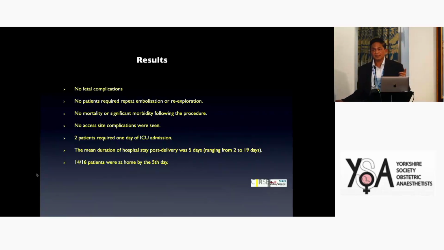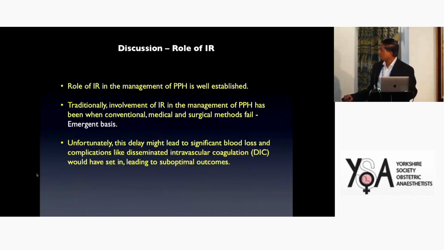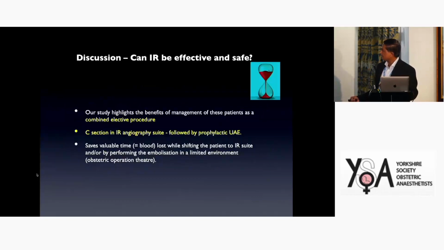When I speak to my friends in St. George's, what they tend to do is send the patient back with sheaths in the femoral artery to the unit, just in case they need a repeat embolization. That can cause femoral artery complications. Two patients required a day of stay in ICU. So once again, as you said in your conclusion, on an emergent basis.